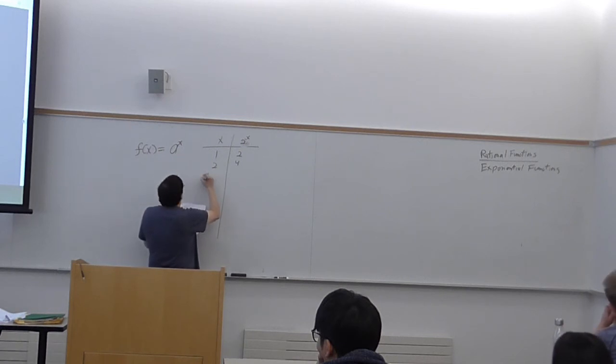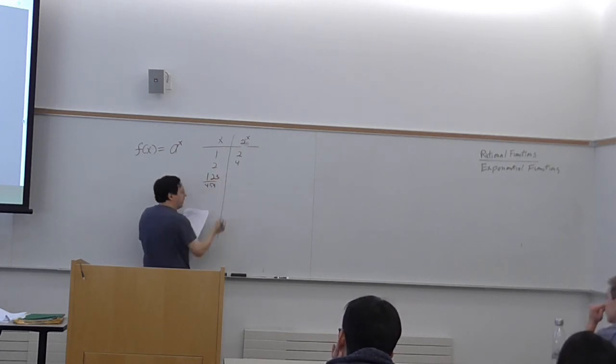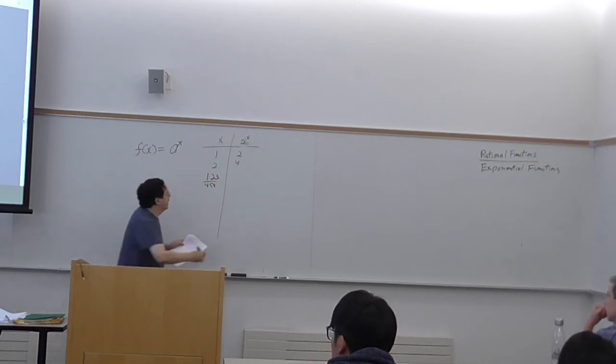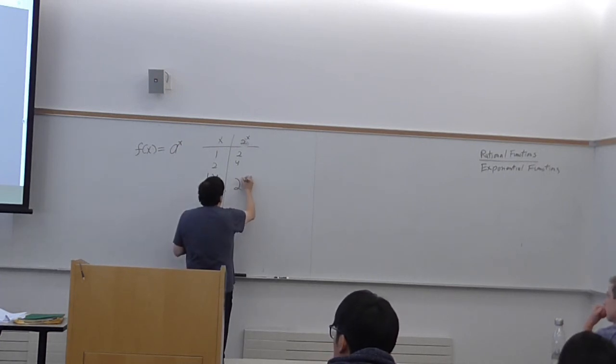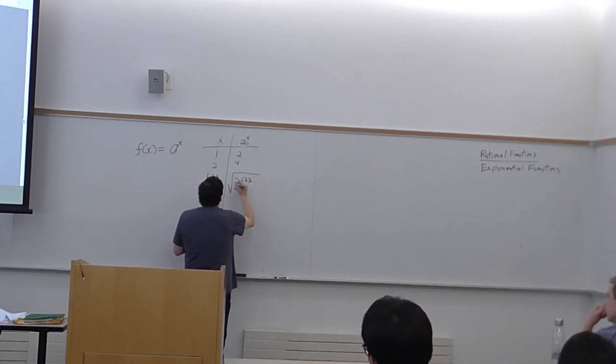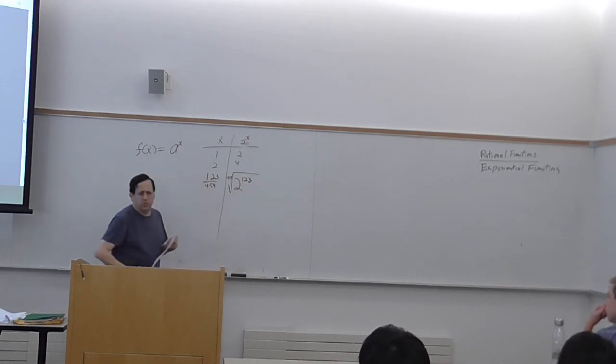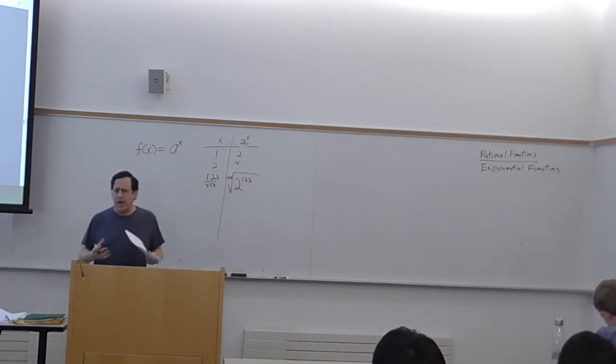So if I wanted to raise 2 to the 123rd over 454th, I know how to do that. That's going to be 2 to the 123rd, and then I have to find the 454th root. Well, that'll be hard, but at least I know what's happening.